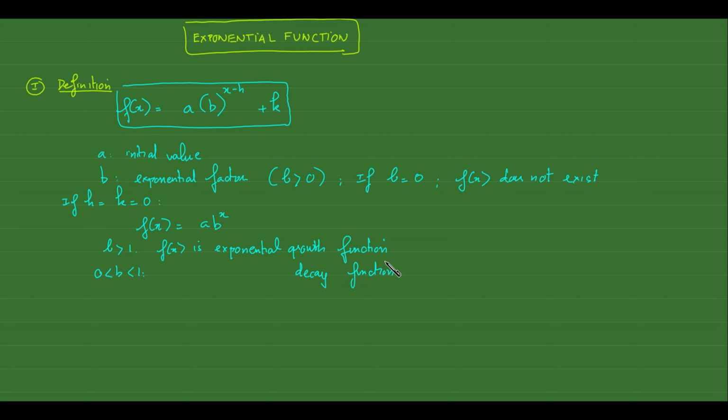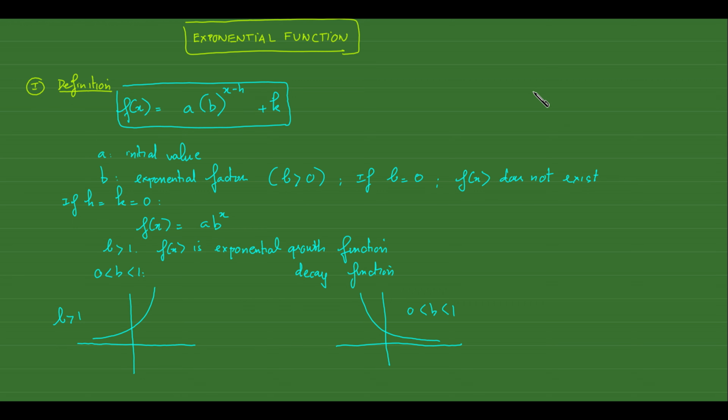What does it mean by grow and decay? Graphically, this is what it looks like when b is greater than 1. Here you go. And if b is between 0 and 1, the exponential function looks like this.